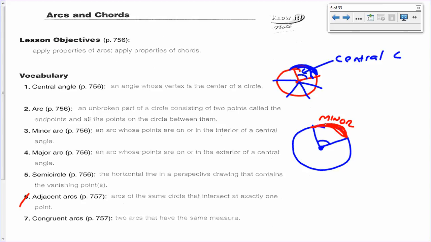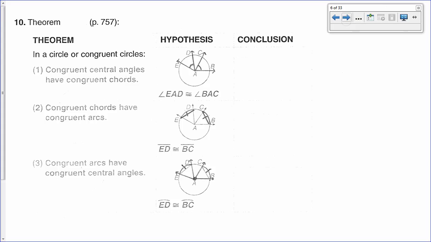And then you can go around the circle the other way. You've got these two points here. If you go the shortcut way, it's a minor arc. If you go the long way, it's a major arc. A major arc is going to be greater than 180, and a minor arc is going to be less than 180. It's very simple because you have 360 degrees in the circle.